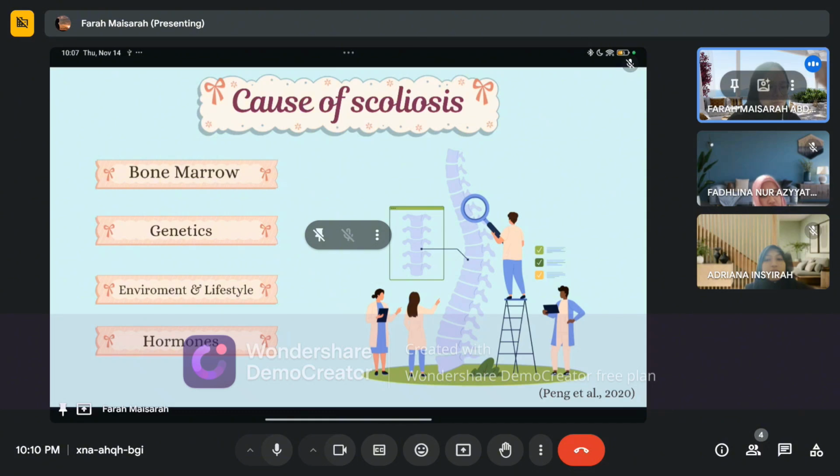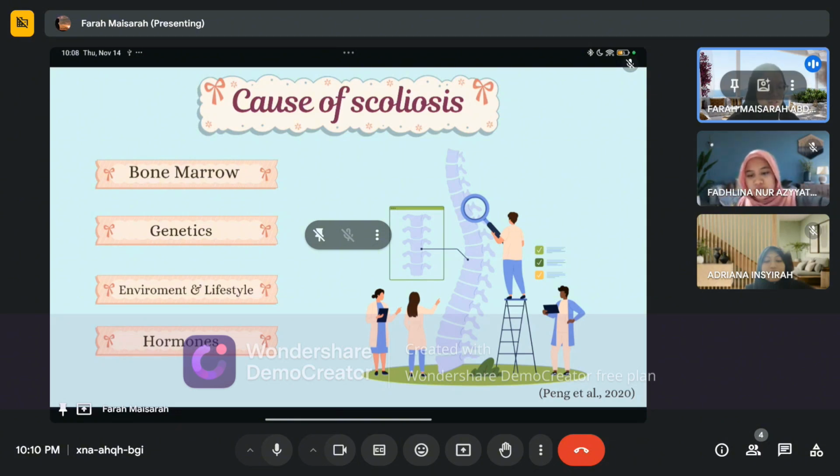The first one is that bone marrow can derive from the body's own stem cells, and it can result in decreased bone mineral density and may regulate bone mass formation. Next is genetic. Chromosome epigenetic changes resulting from environmental factors lead to dysfunction of cell activities.